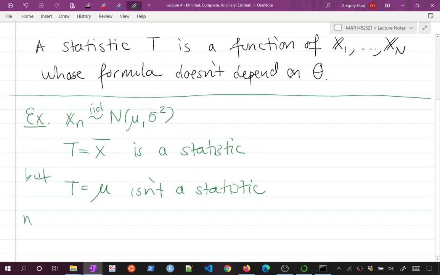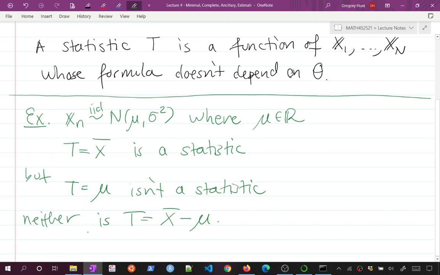And neither is T equals x bar minus mu. We don't want to count these second two options because it's kind of cheating. We don't know, for example, in this case, what mu is. So let's just say in our situation, mu is unknown. So we don't know what it is.